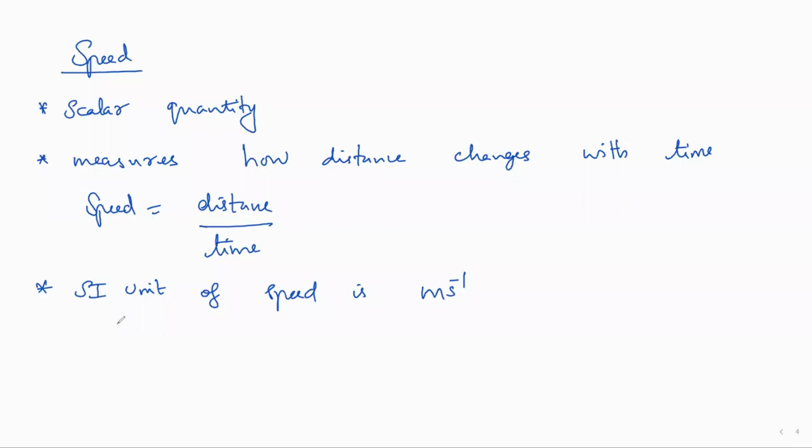In our vocabulary of describing motion, it will be important to define speed as a term for how fast something is moving. Speed is the rate of change of distance per time, which is a scalar quantity.